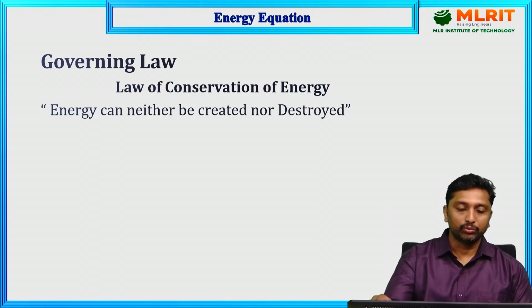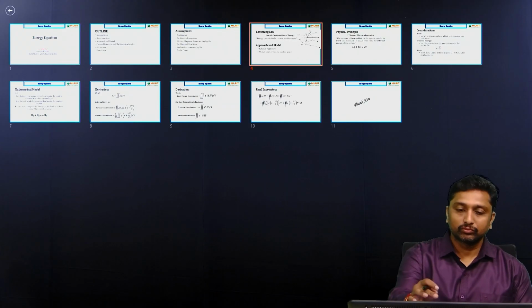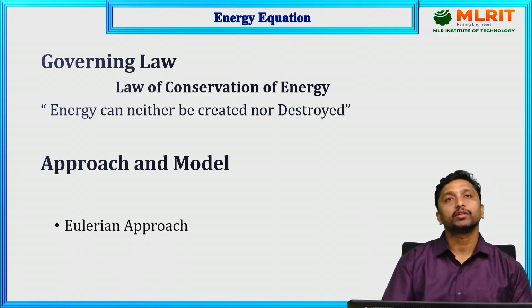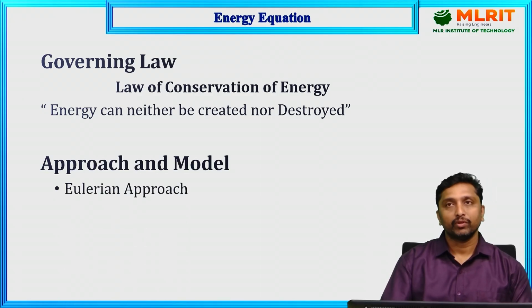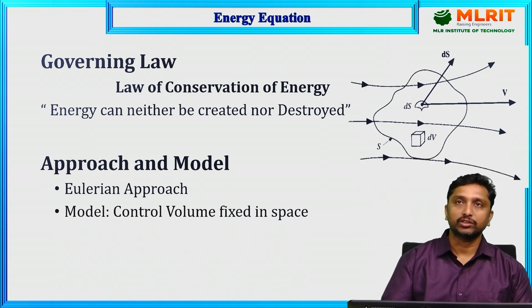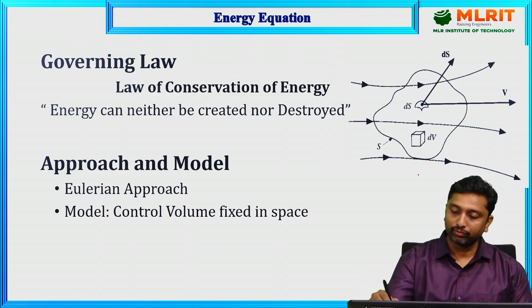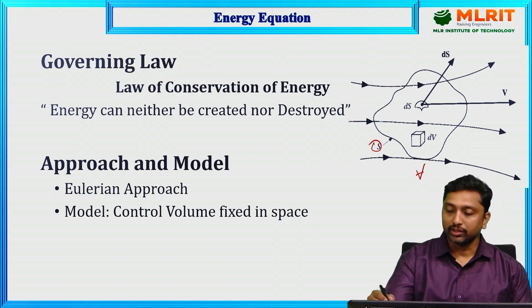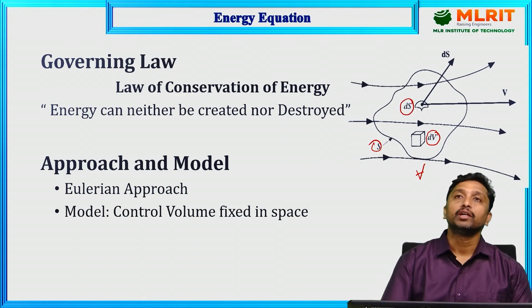So coming to approach and model. We are considering the Eulerian approach, where we consider a control volume fixed in space. As you can see, the control volume has a total volume of V and total surface area of S. If we consider an elemental volume, that will be dV, and the elemental surface area is represented by dS.